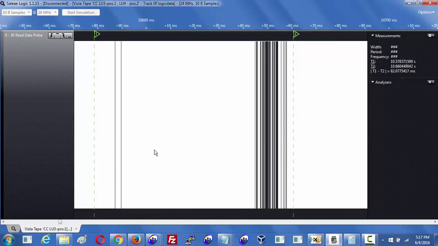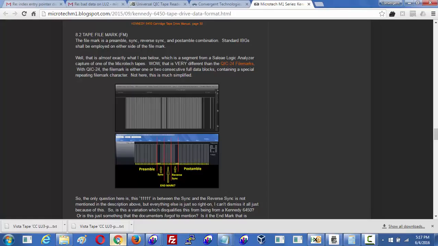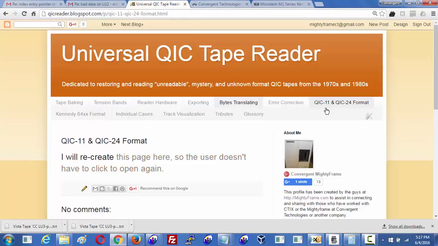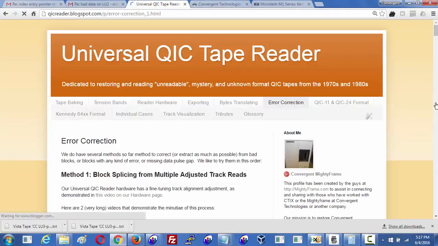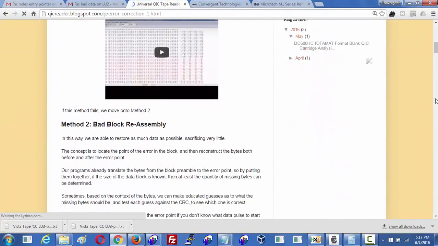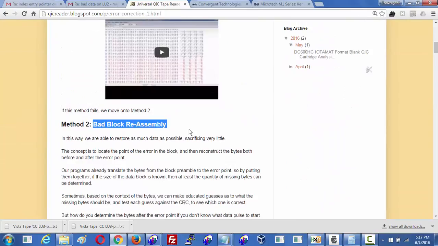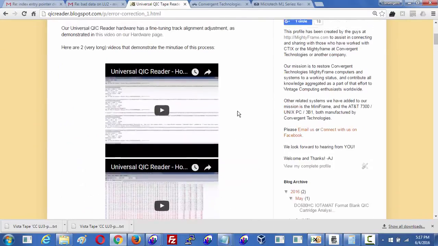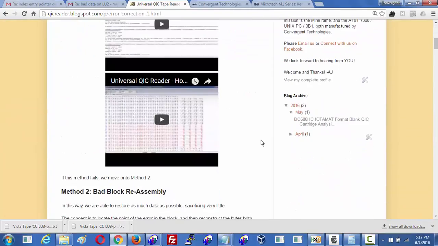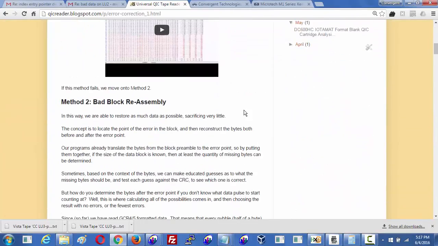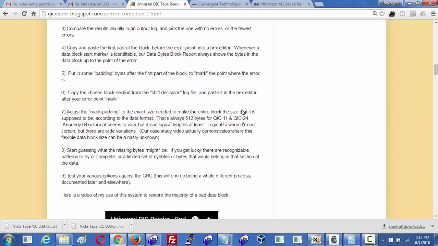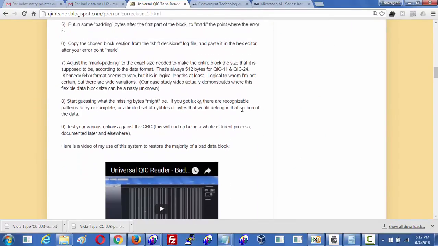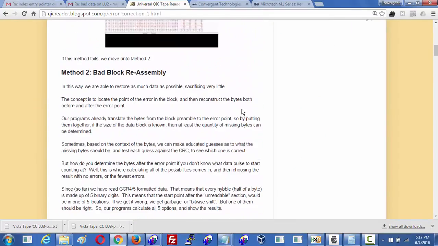So I'm going to read that partial block. The way I'm going to do that is I'm going to go through my error correction process, method 2 here, the bad block reassembly. And if you want to learn more about that, just go to QICreader.com, click on error correction, and go to the method 2 section and read up on how I actually recreate a block from the back end.